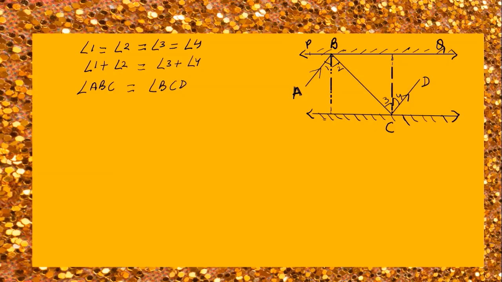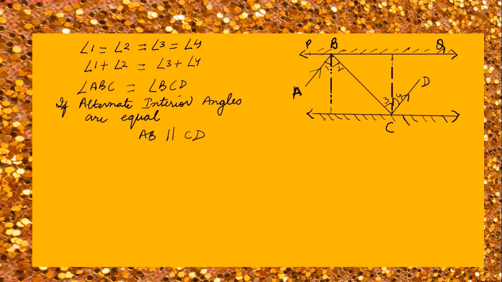Yes, ABC equals angle BCD. And if these two angles are equal, then you can say these are alternate interior angles. If alternate interior angles are equal, then you can say AB parallel to CD. So in this way you can do it.